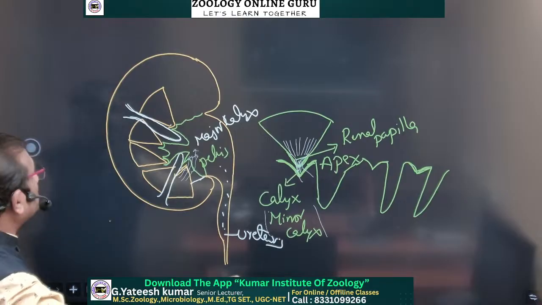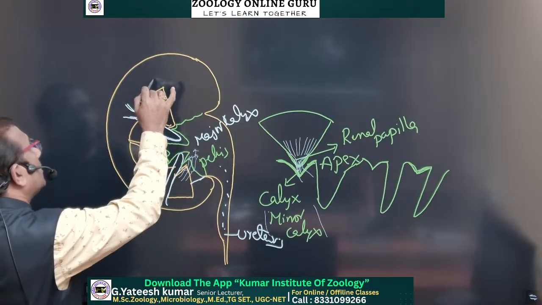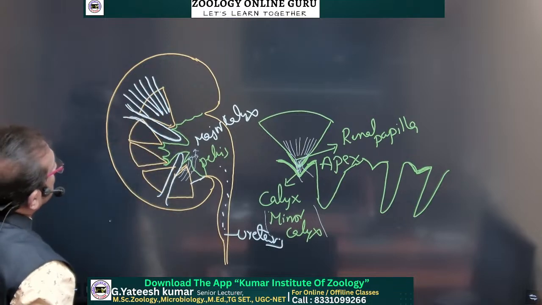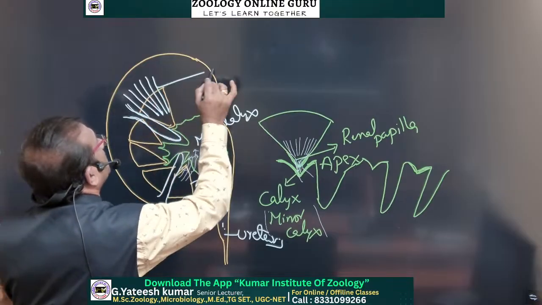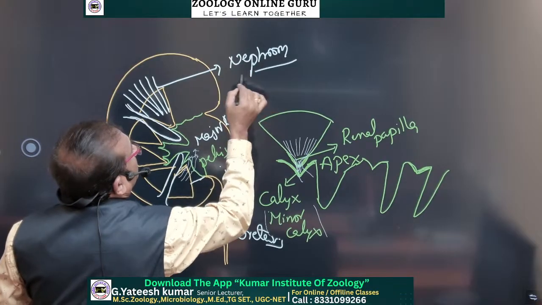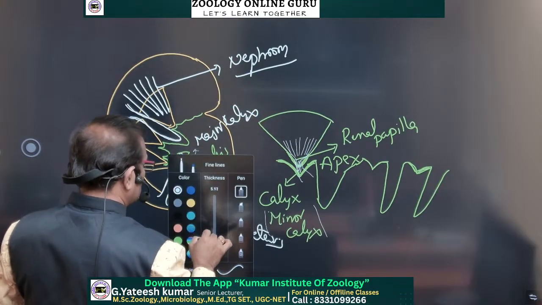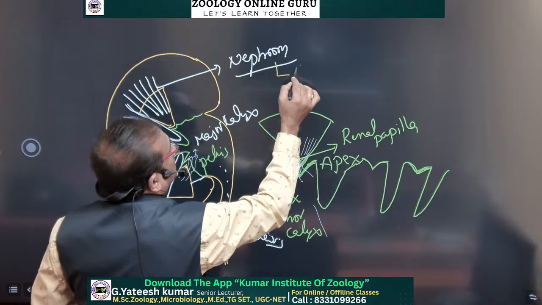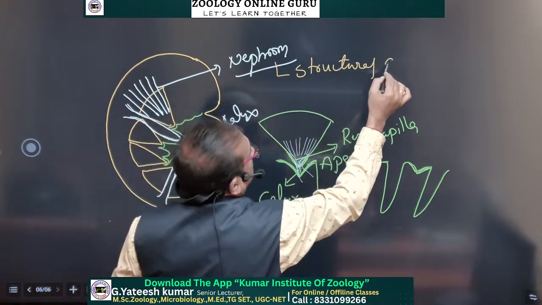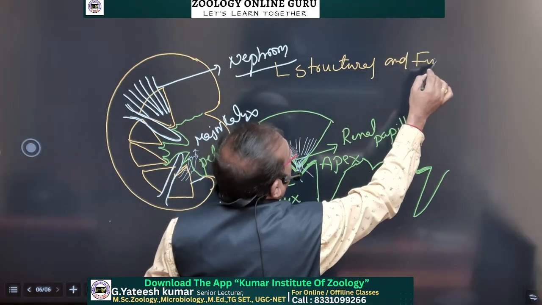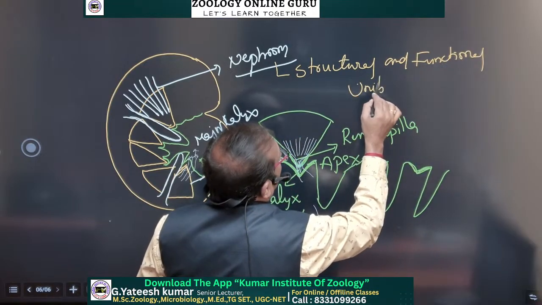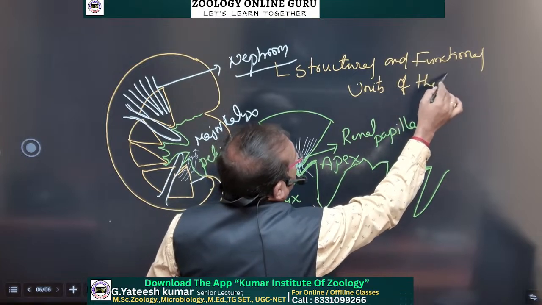Next, what is present inside the kidney? In the medullary region, so many hair-like structures are present. These are known as nephrons. Nephrons are also known as structural and functional units of the kidney.